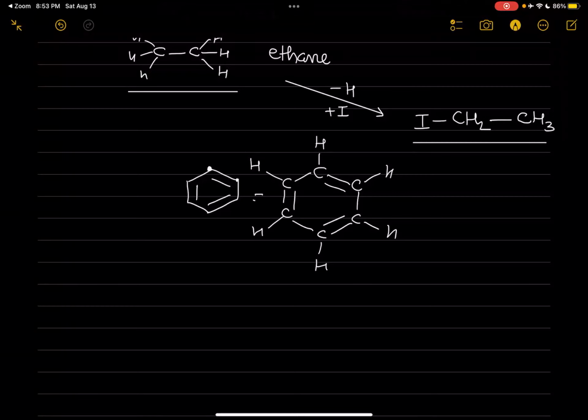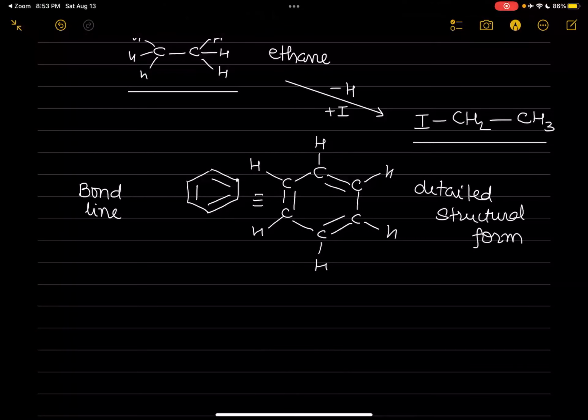Okay, this is the short form bond line representation, and that one is the detailed structural formula. And what is the name of the compound? It is known as benzene.